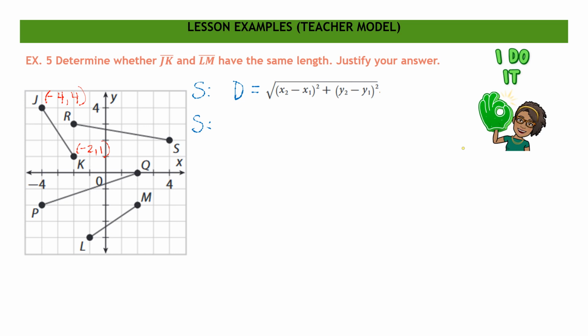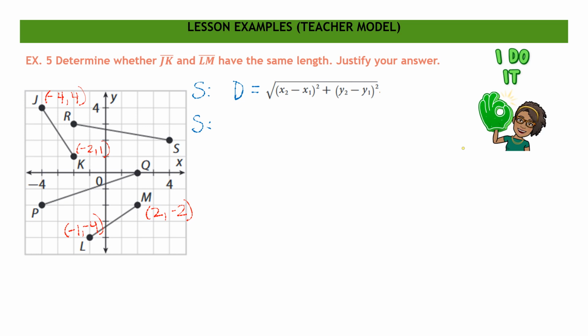The second line segment we have is LM. So I have endpoint L at -1, -4, and I have endpoint M at 2, -2. Okay, and remember we're going to go ahead and identify or label the points.